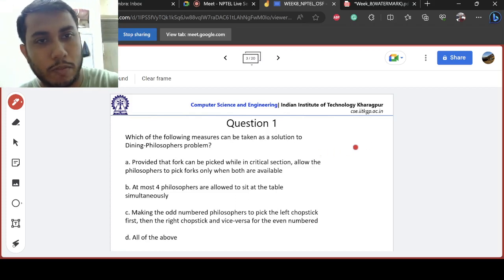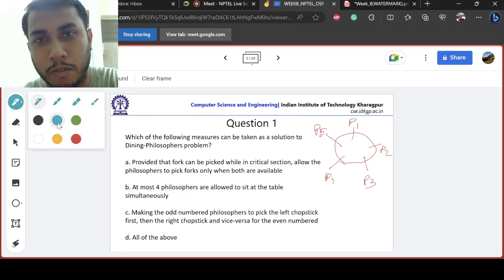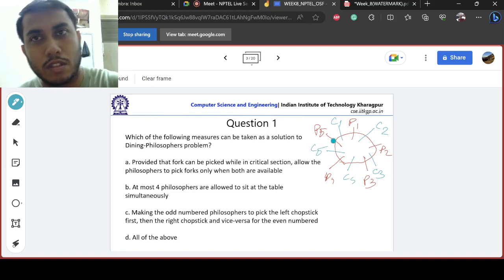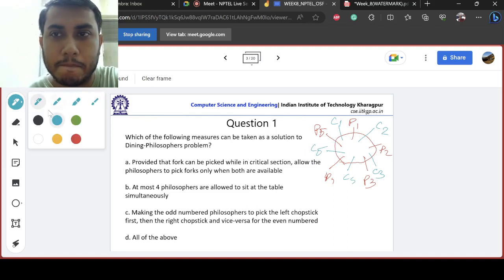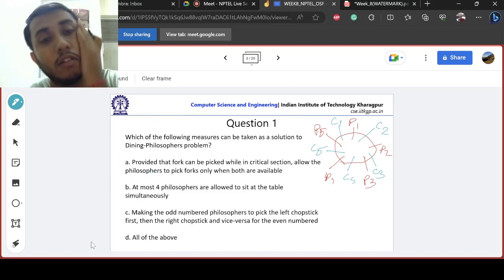We discussed the dining philosopher problem where we have 5 philosophers, P1 to P5, and you have the chopsticks C1, C2, C3, C4, C5.